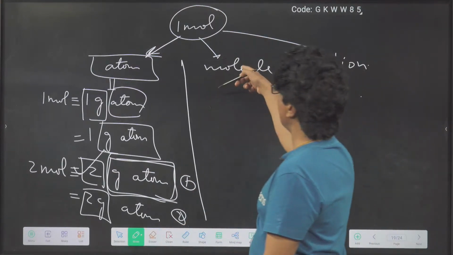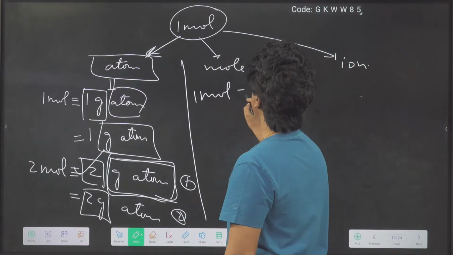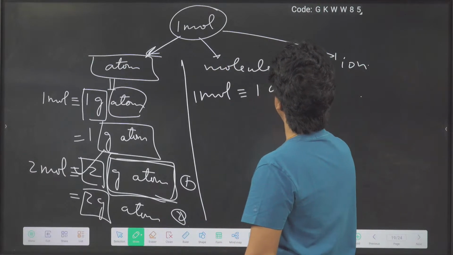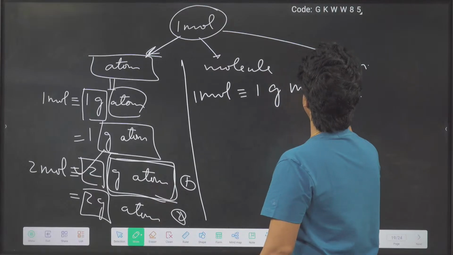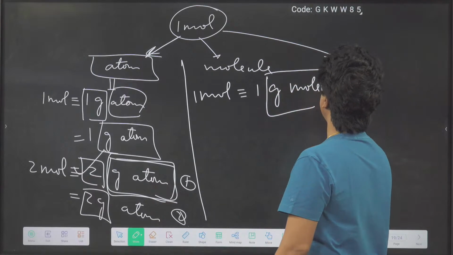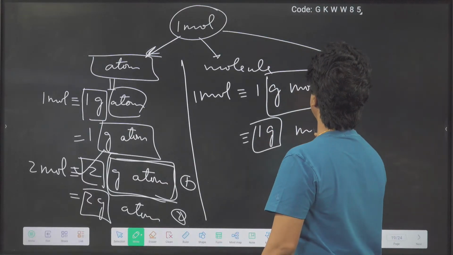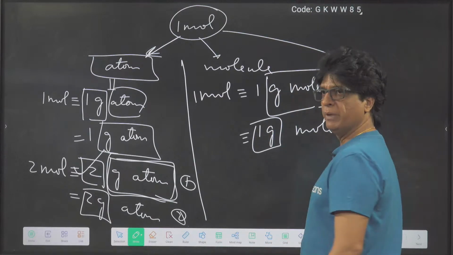Now, if you're talking about molecule, 1 mole of a molecule is written as what? 1 gram molecule, right? And it will be read as gram molecule, not as 1 gram of molecule. Be aware of that.